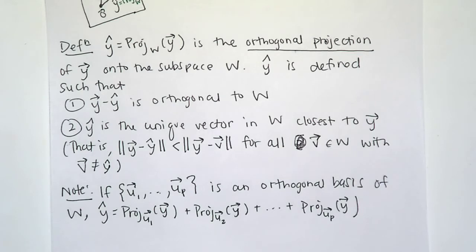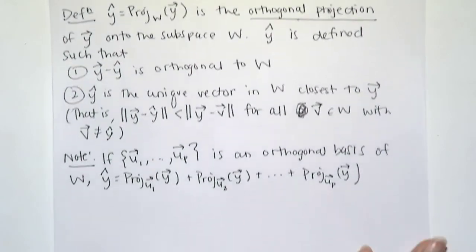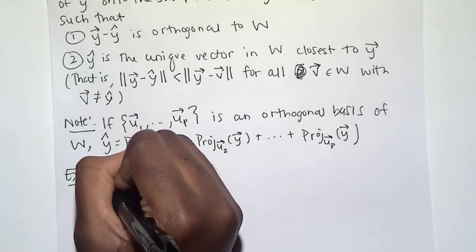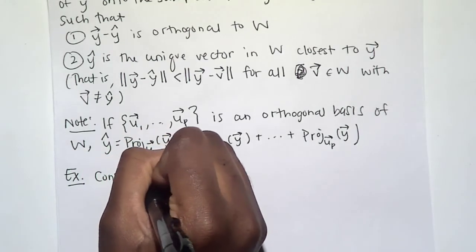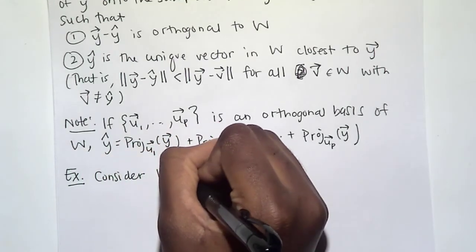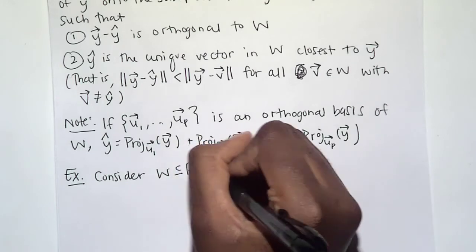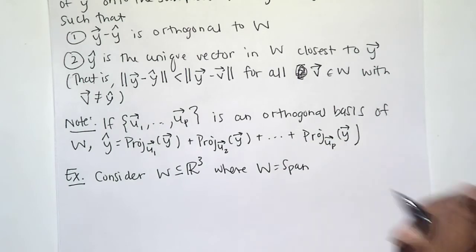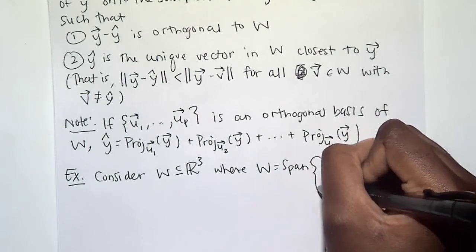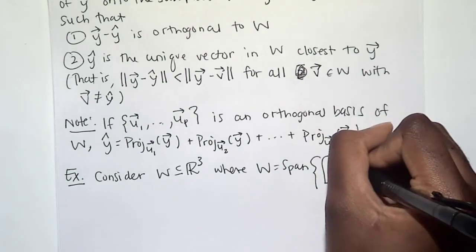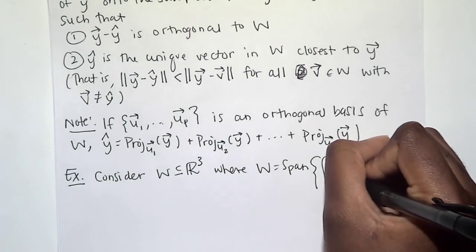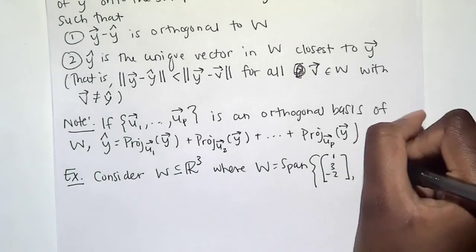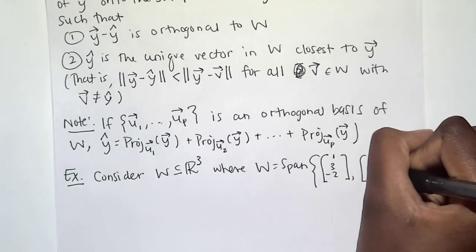All right, so let's look at an example. Let's consider a subspace W in R3 where W is the span of these two vectors: 1, 3, -2, and 5, 1, 4.